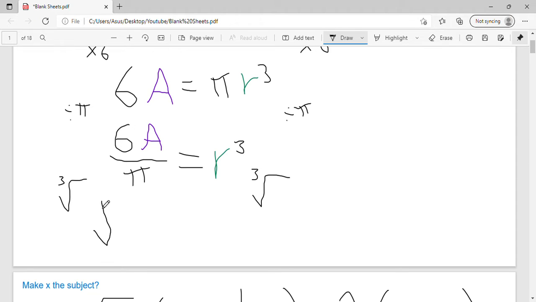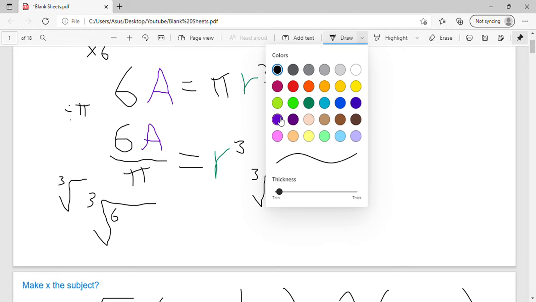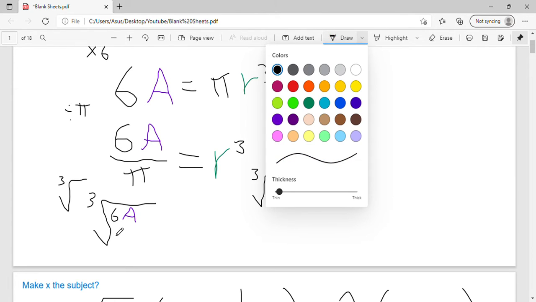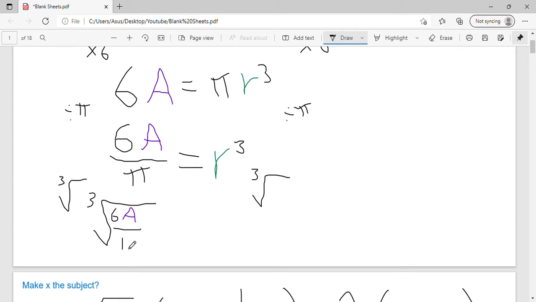So cube root 6a over pi, and that equals r. Alright, and now we've got r on our own, and we can plug in the value for a and find r. So that is the correct answer. We've got r on its own over here. Cube root 6a over pi.